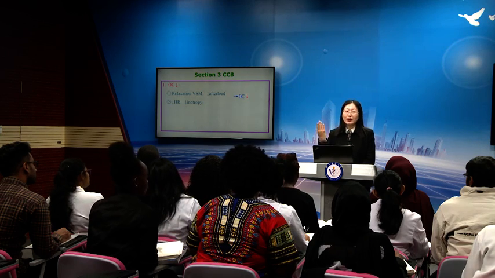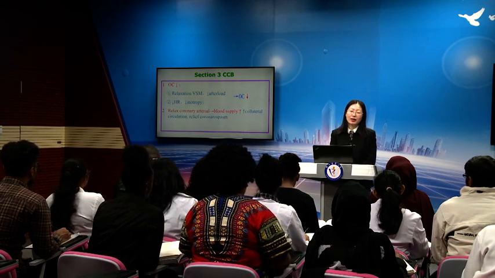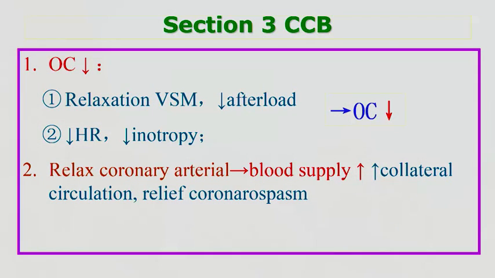The second requirement: CCB should increase blood supply. CCB can relax the coronary artery and increase blood supply. But just now we mentioned two kinds of agents, nitroglycerin and beta receptor blockers. These two kinds of drugs follow a different spiral and push the blood from non-ischemic region to ischemic region, but CCB is different.